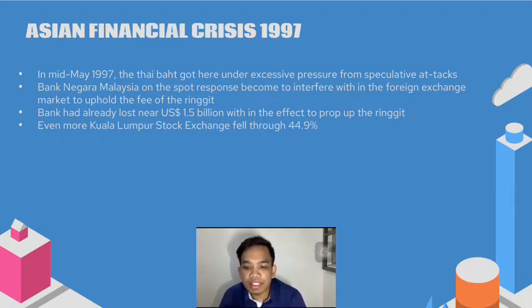Even more drastic than the plunge in the currency was the collapse of the stock market. Between July and December 1997, the composite index of the Kuala Lumpur Stock Exchange fell by 44.9%.